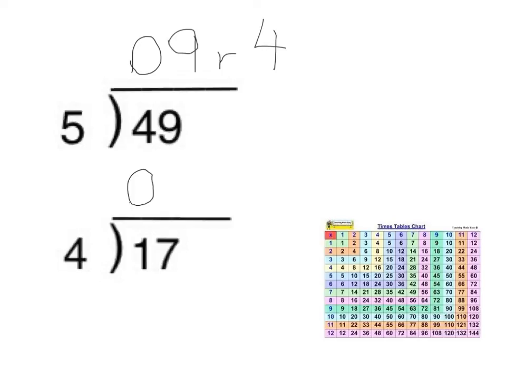So 4 fits into 17 4 times, but because 4 times 4 is 16, I've got a remainder of 1, because 16 plus 1 is 17. So my answer is 4, remainder 1.